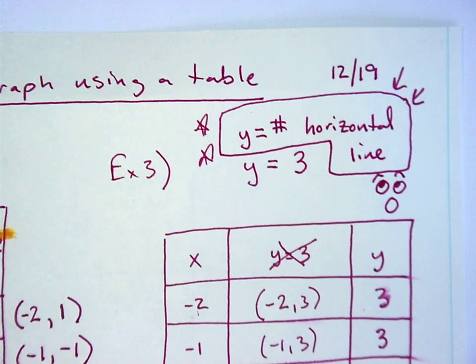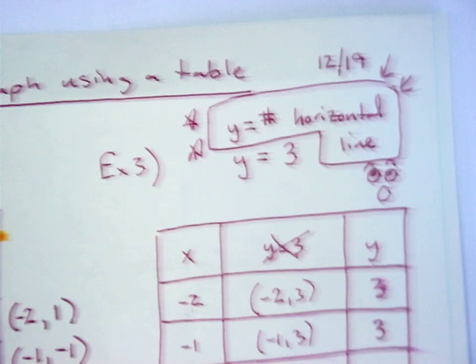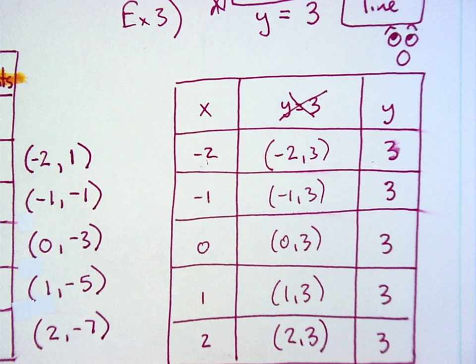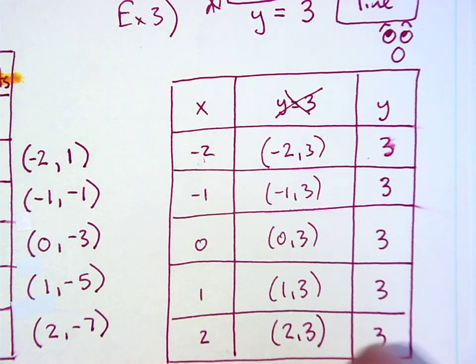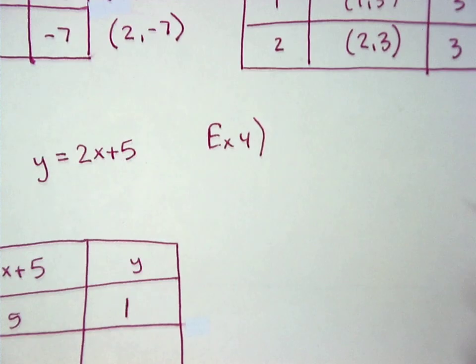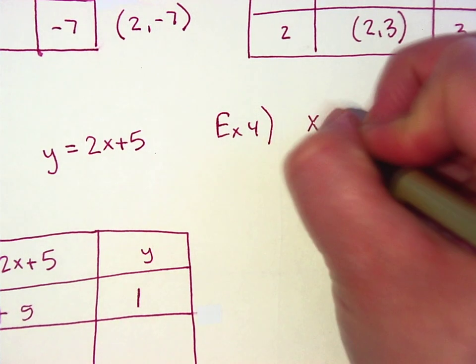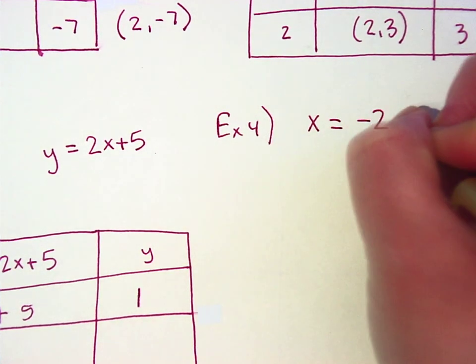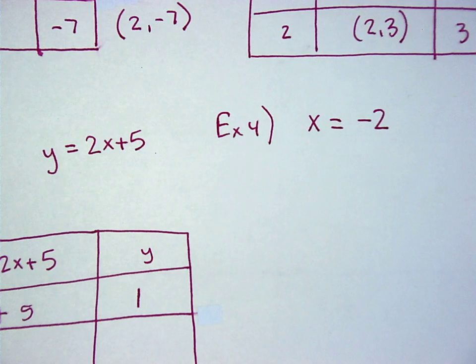Now, you tell me if we need to make a table again, but let's try one more. Example 4. This time, instead of y equals 3, I want you to write x equals negative 2. Can anybody make a prediction for a prize about what that line would look like? It doesn't look like y equals 3. It looks like x equals negative 2.